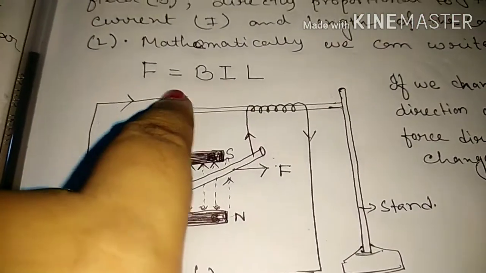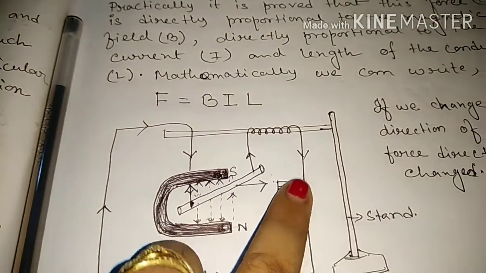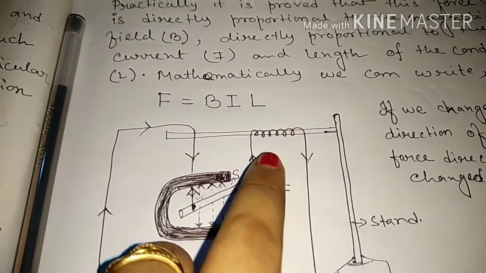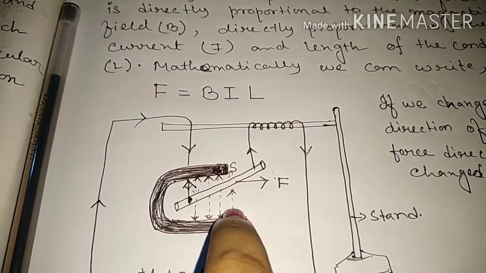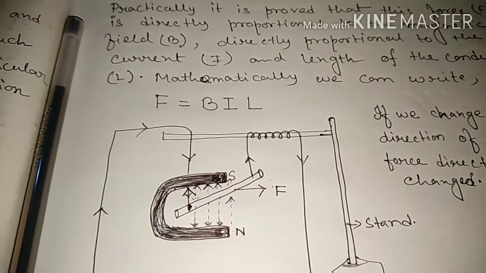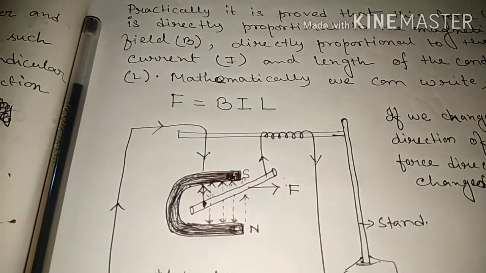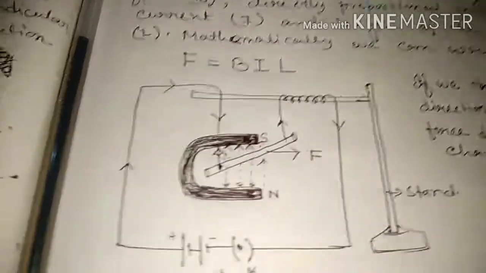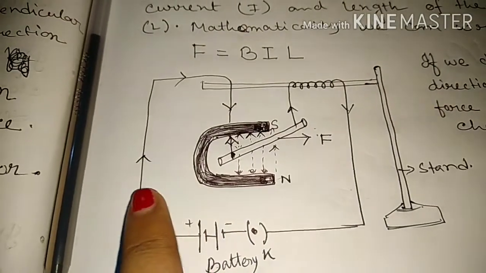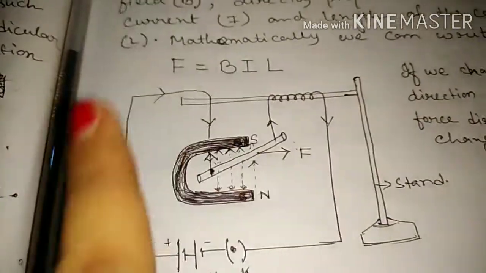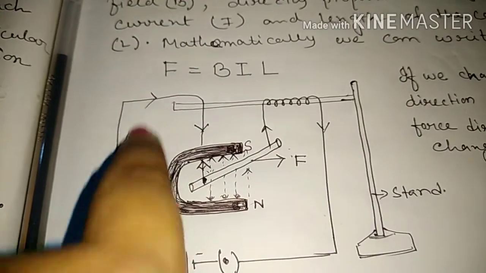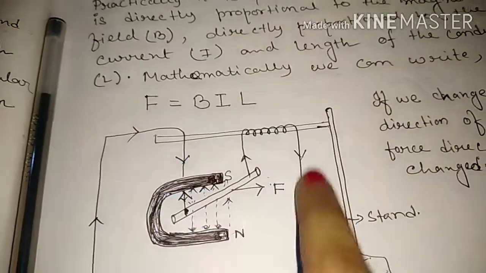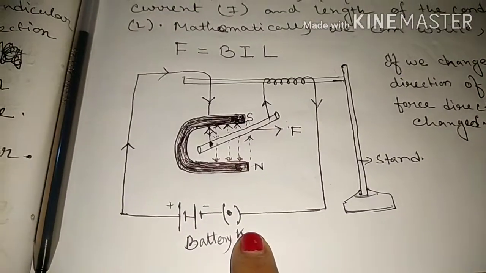Whenever current is flowing through this wire, the magnetic field exerts a force on the conductor. Now in this condition, the current direction is from here to here, then this side to this side, negative.